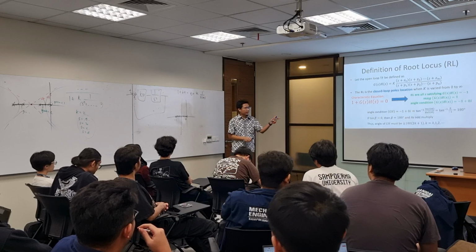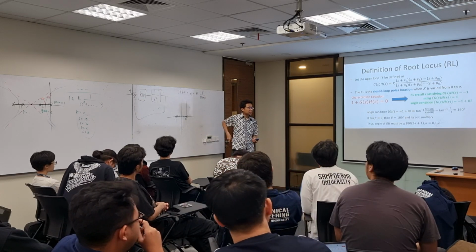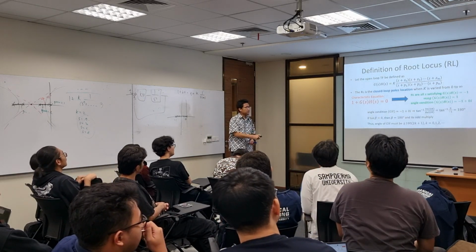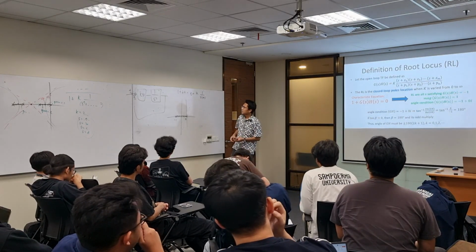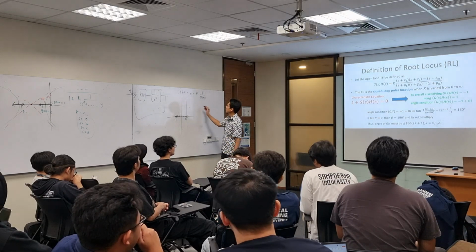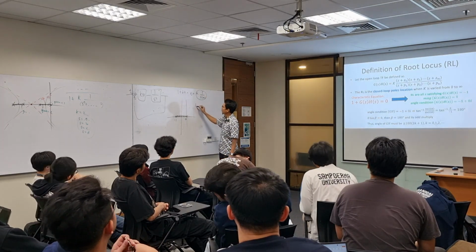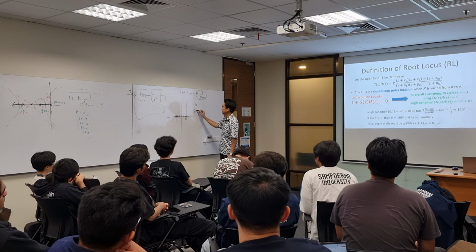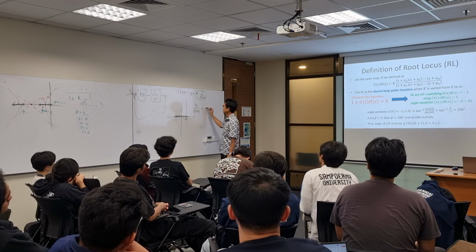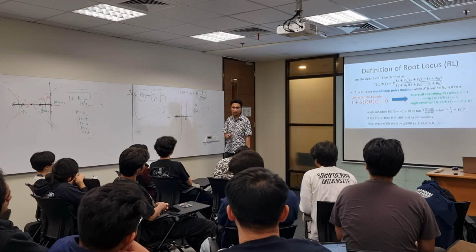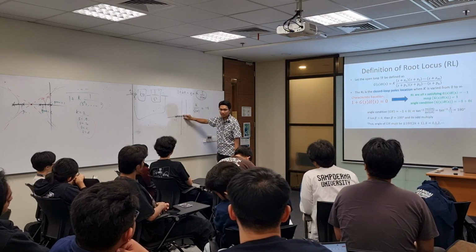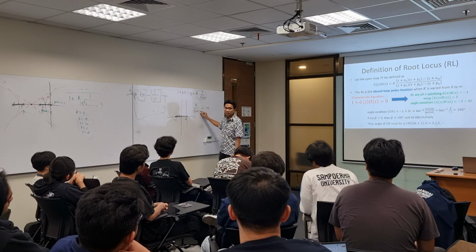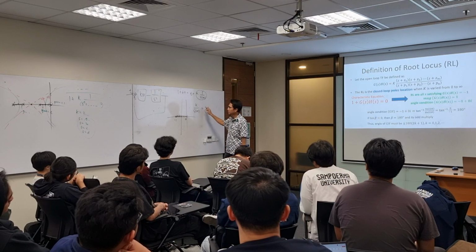What I'm saying is that GH has to be -1. So this is the GH: K over S plus 1 has to be -1. You plug in S from here. Can it be -1 with some K? Yes or no?